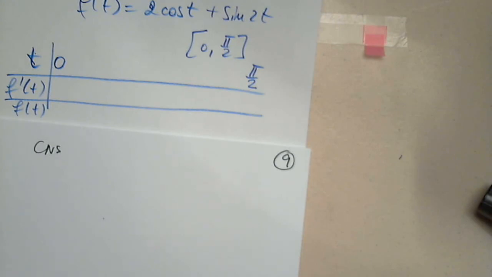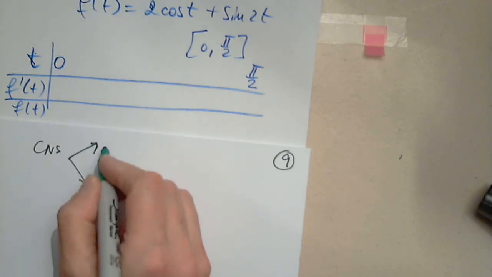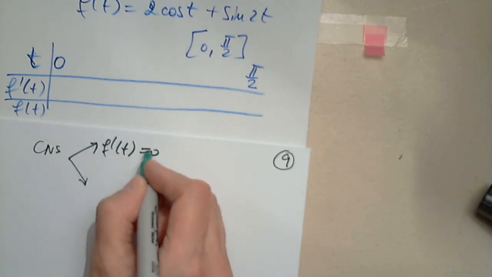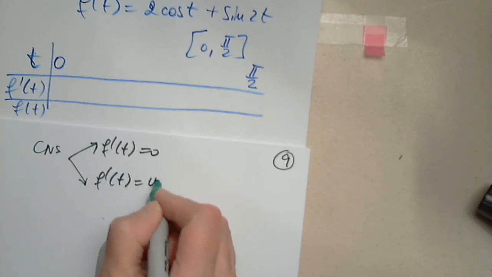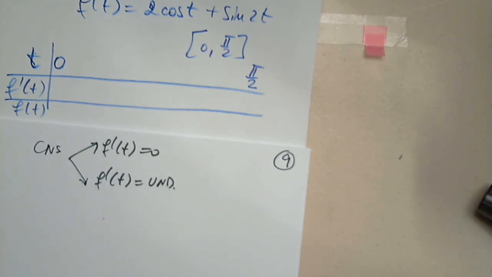So, critical numbers, as we know, they can come from f prime of t being 0 or f prime of t being undefined. I have to check both sources. But since the function only has cosine and sine, there is no way its derivative will be undefined at any point in time. Not possible. So we know that no critical numbers will come from f prime being undefined.